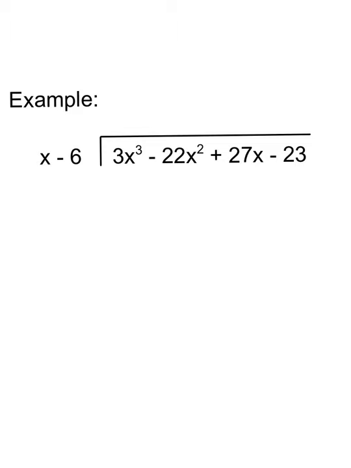Last example. Again, focus on the fronts. This becomes 3x squared. That's 3x to the third minus 18x squared. Subtract. This is 0. Negative 22 plus 18 is negative 4. Carry down.